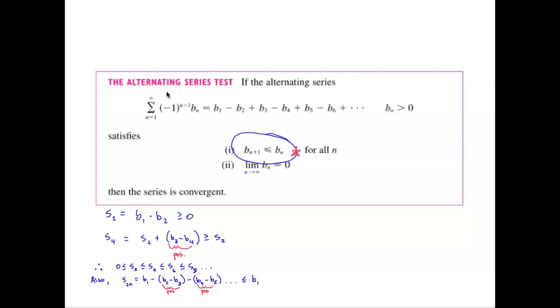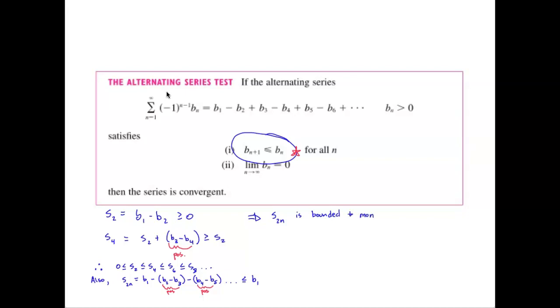All right, so here's what we've shown. The sequence of partial sums S sub 2n is bounded. We showed that it's bounded both by 0 and by B1. And monotonic.